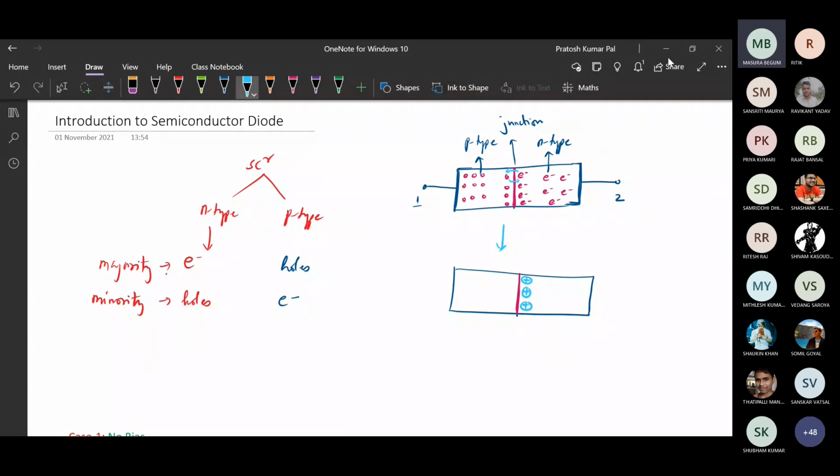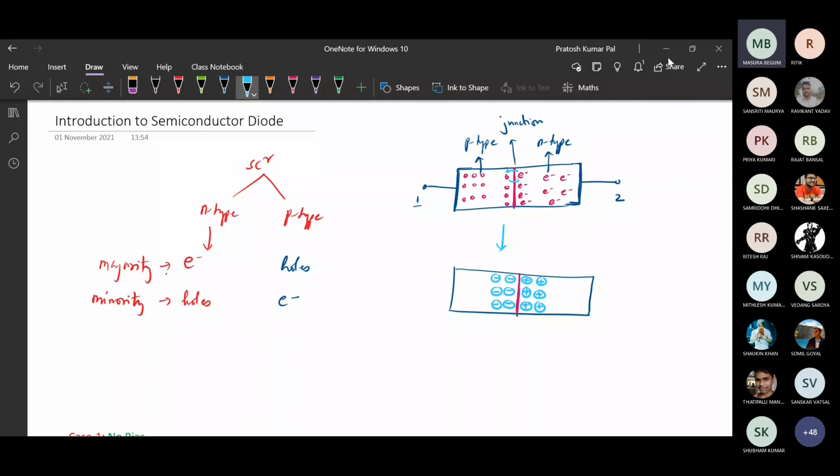A hole is a positive charge, and once it moves to combine with an electron, it will leave behind a negative charge. Closer to the junction, we will get positively charged ions on the n-type side, and similarly negatively charged ions near the junction on the p-type side.